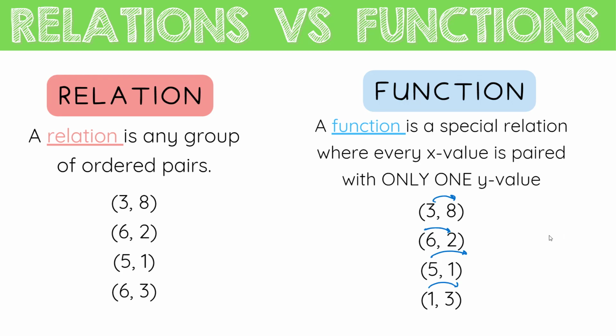But in the first case where it was just a relation, we saw that 6 went to 2, and 6 also went to 3. So a function cannot have the same input go to two different outputs. So this is a relation, but this one's a function because you don't see an input have two different outputs.